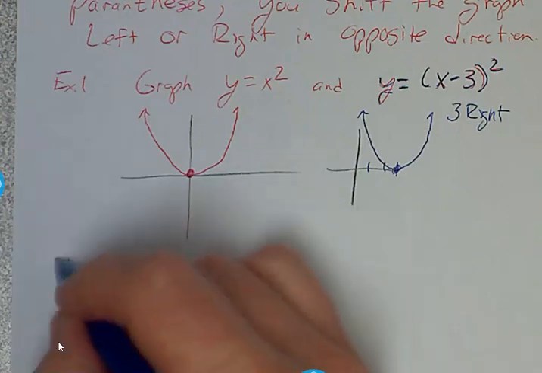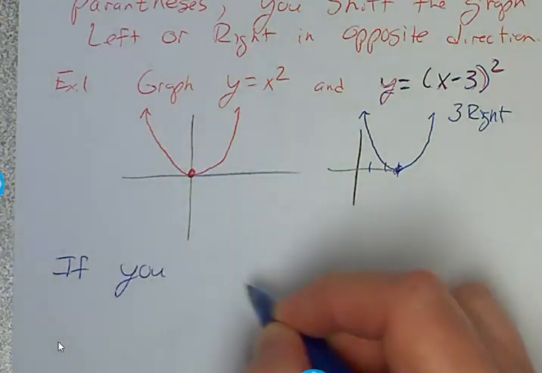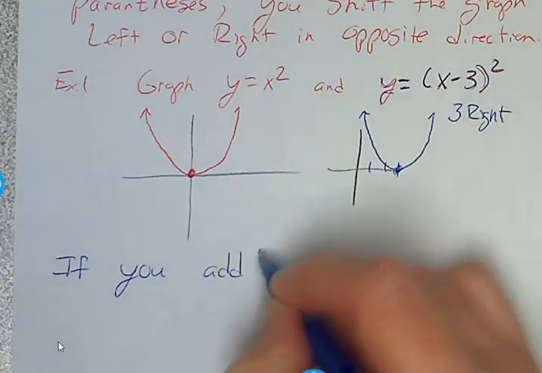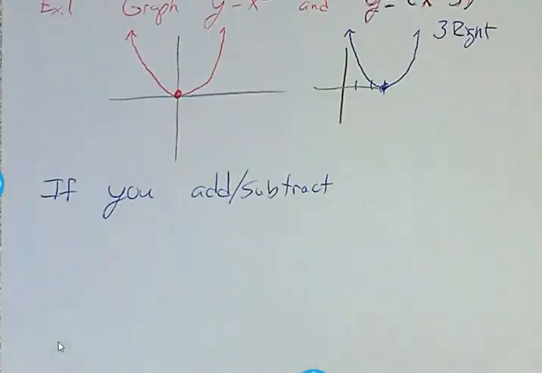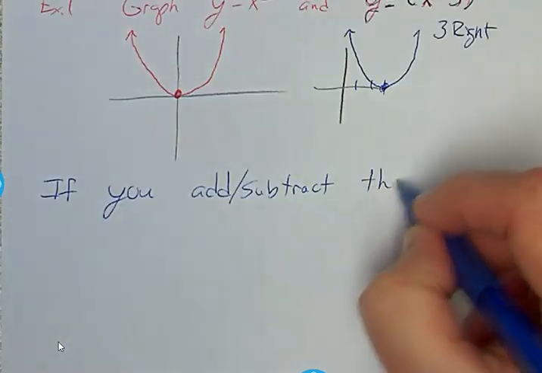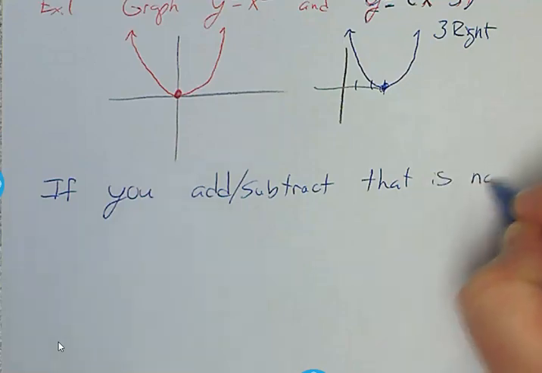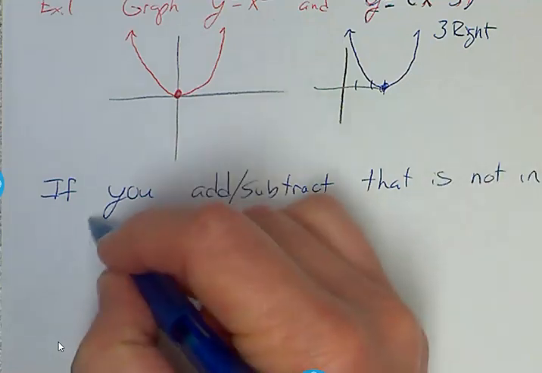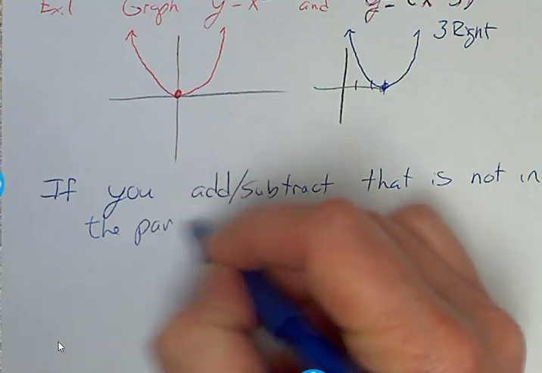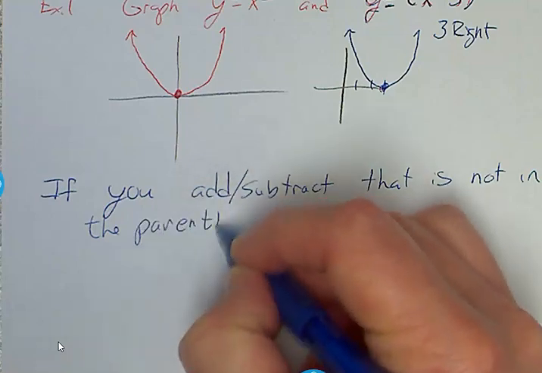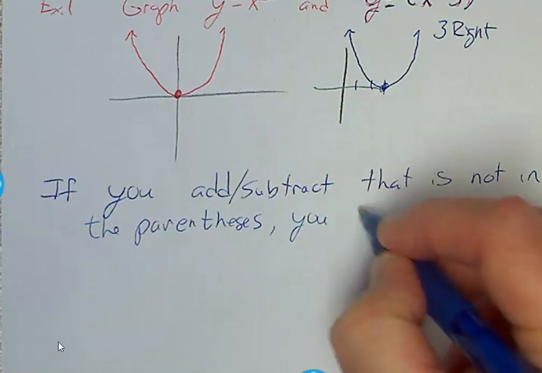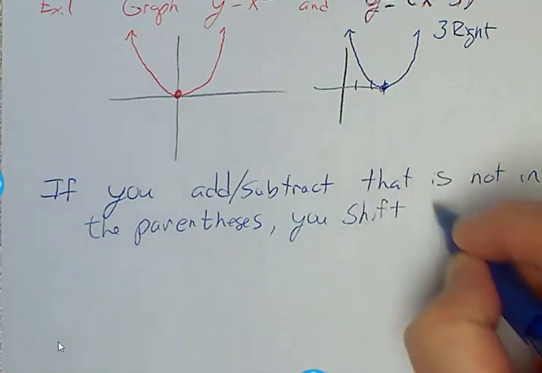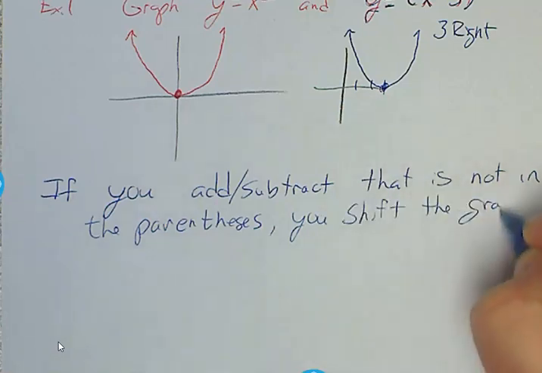Okay, and then the other part of it is if you add or subtract a number that is not in the parentheses, you shift the graph up or down.